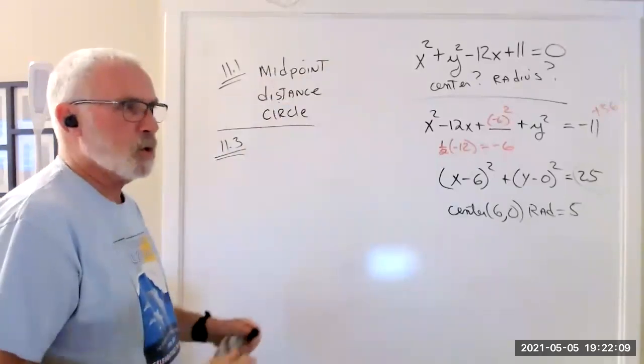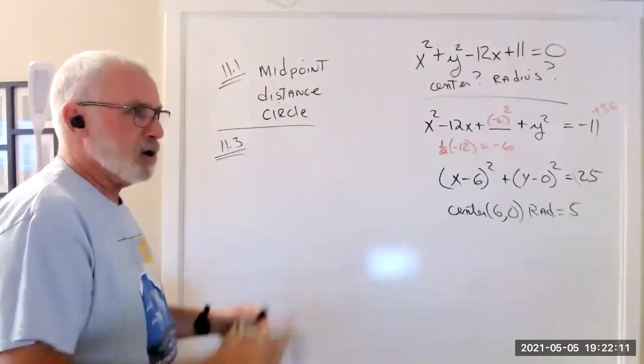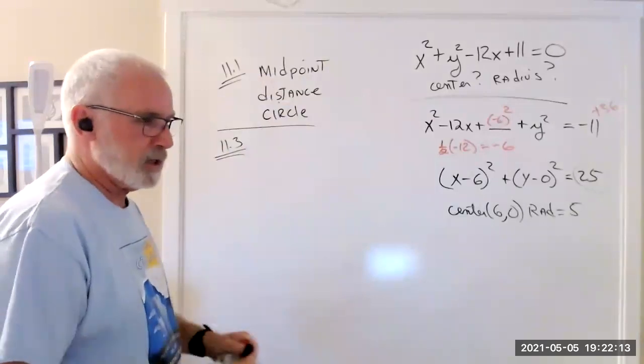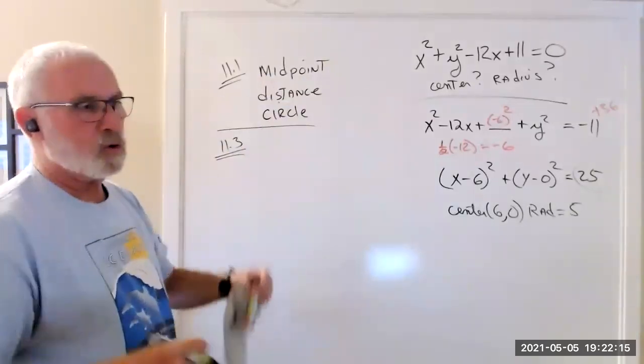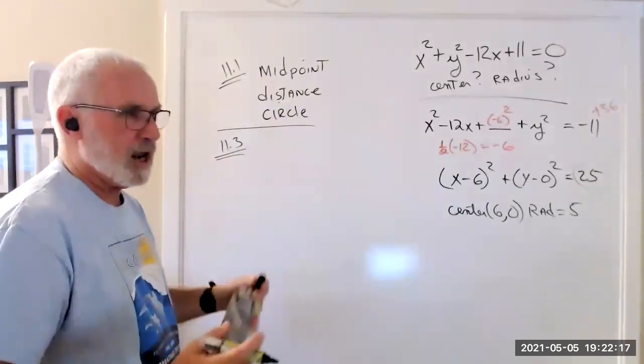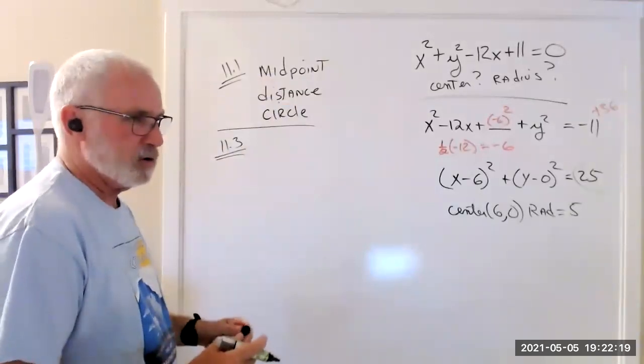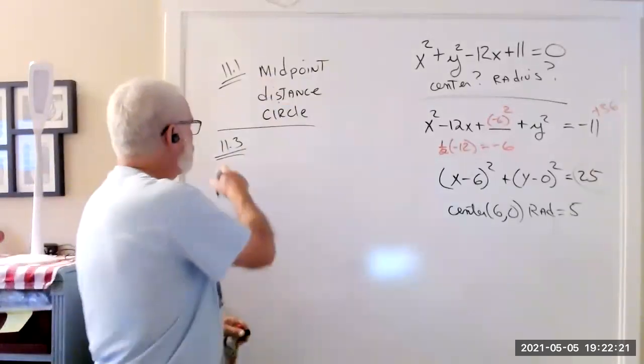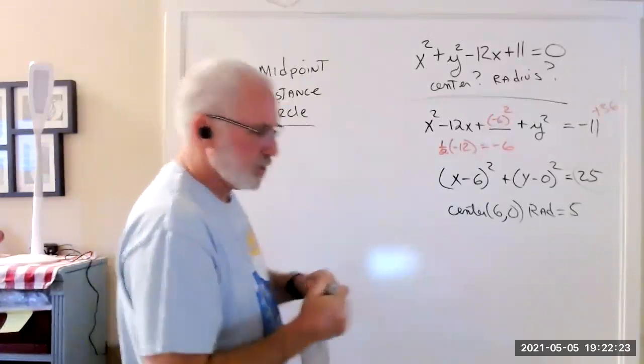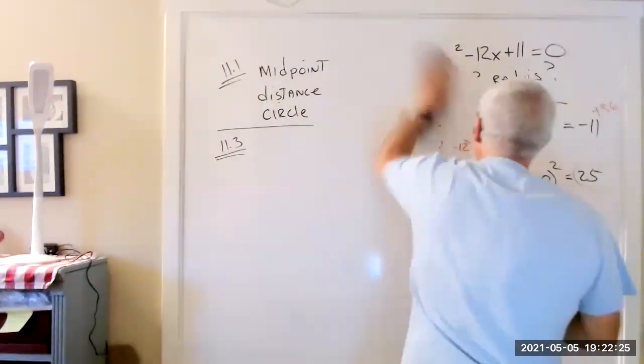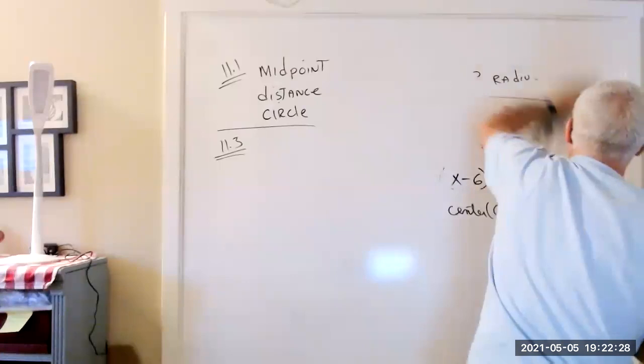I didn't want to do a whole lot tonight and boggle you. I wanted to be able to quit early tonight so you could either go home, get some good sleep, or stay and ask me questions or do whatever. So we're going to jump to 11.3 because it's a whole lot easier than 11.2 is.